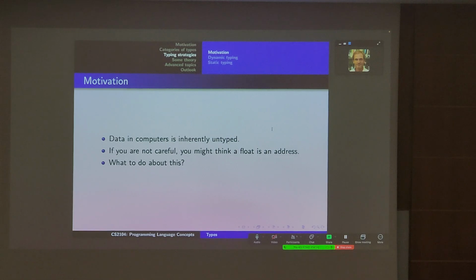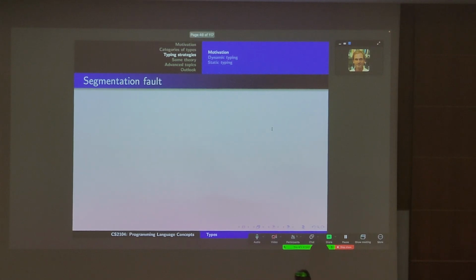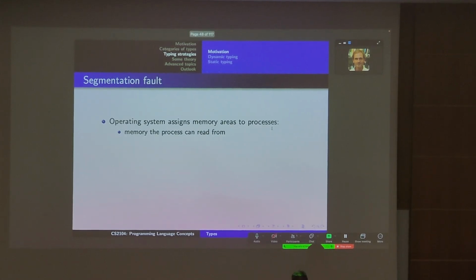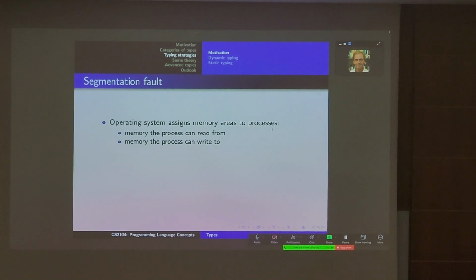But still, you might be lucky, or unlucky, and a particular float refers to a read-write segment that belongs to the process that is executing. Then bad things from your program's point of view can happen, but not from the overall system's integrity point of view.